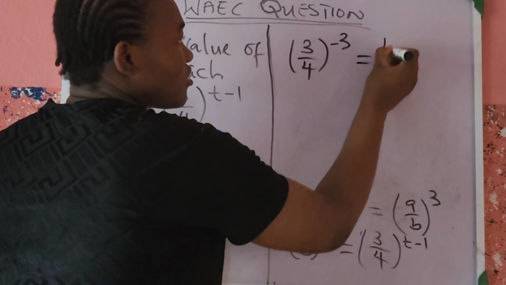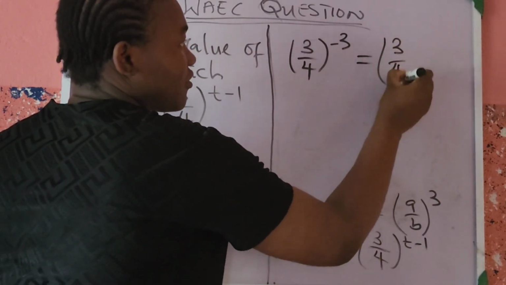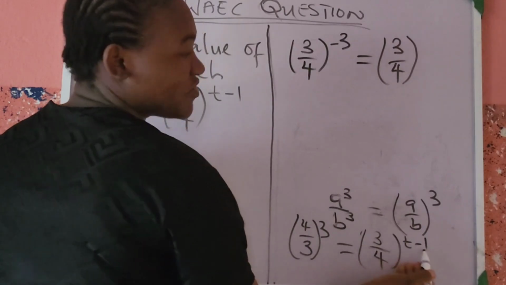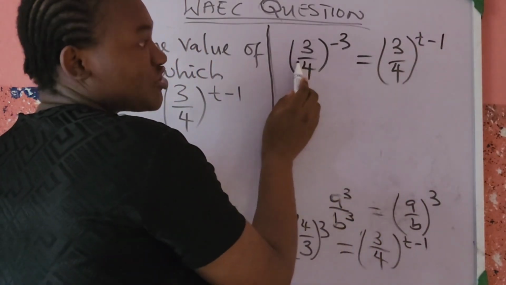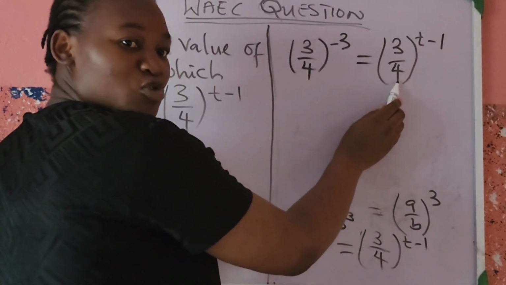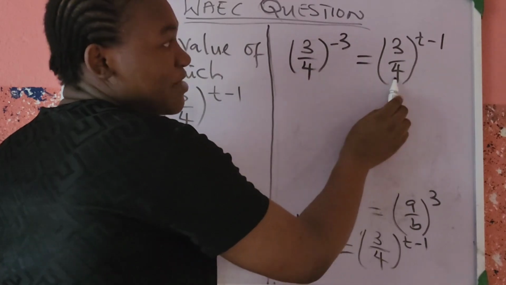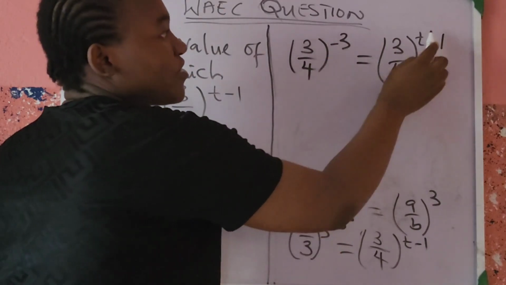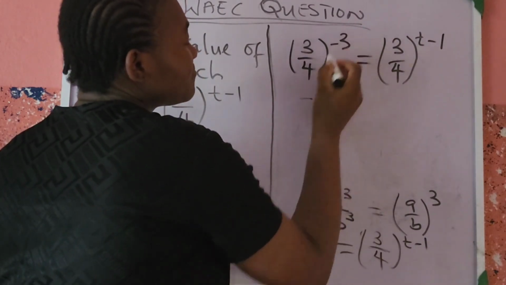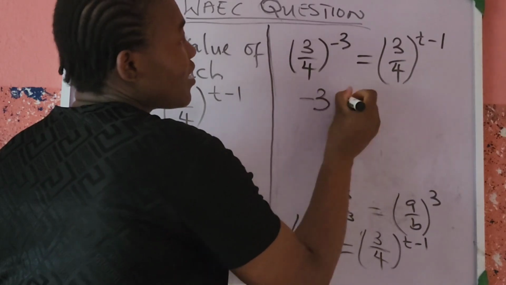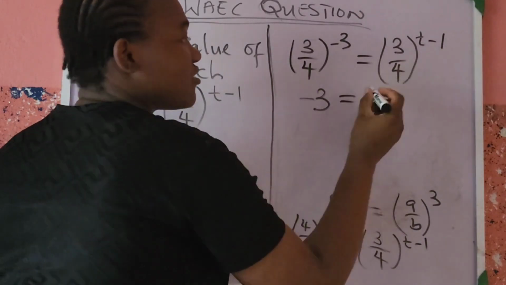So we have (3/4) to the power of minus 3 equal to (3/4) to the power of t minus 1. Now the fractions look alike, and this is the base, so we pick the powers and equate them to have minus 3 equal to t minus 1.